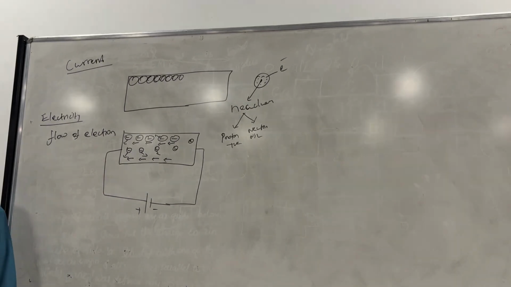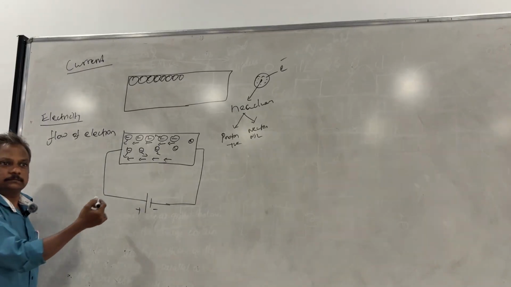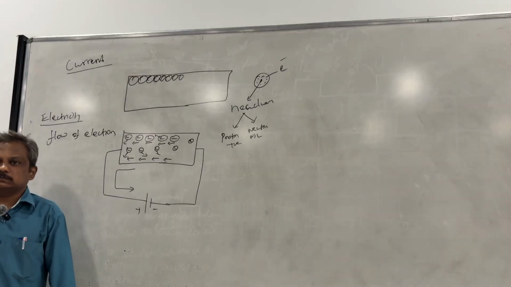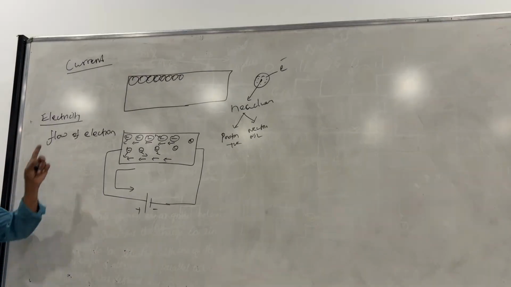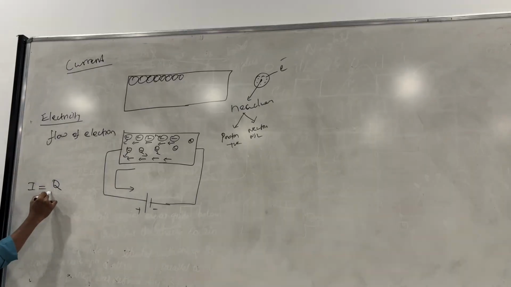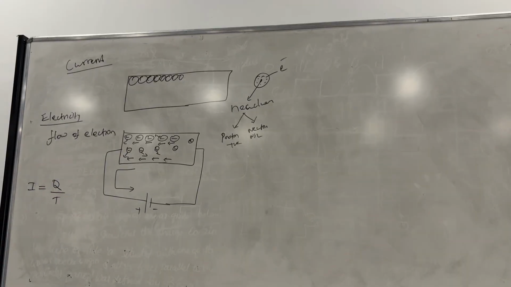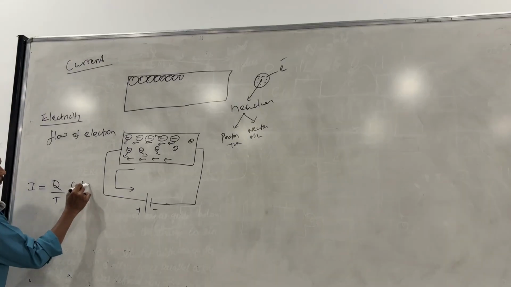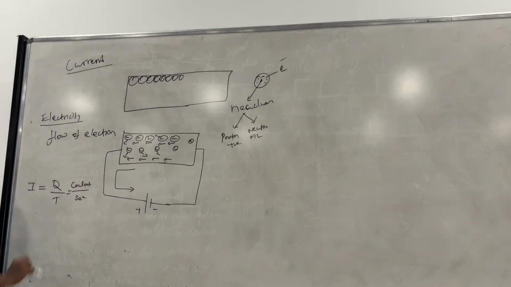Then what is the flow of electrons? What is the direction? Towards positive or not? This is current. Current means what? Charge per time, simply. The charge is in coulombs, time is in seconds.